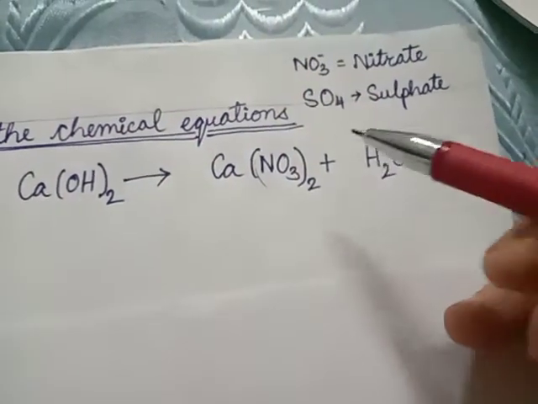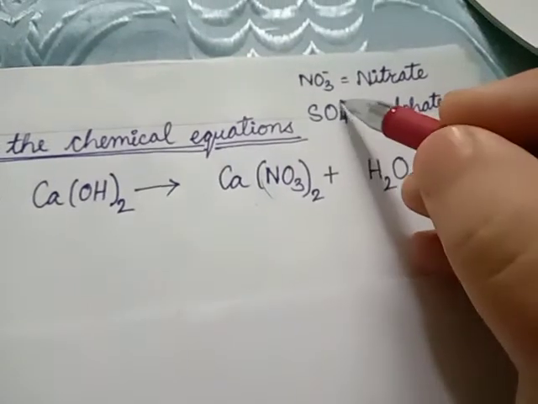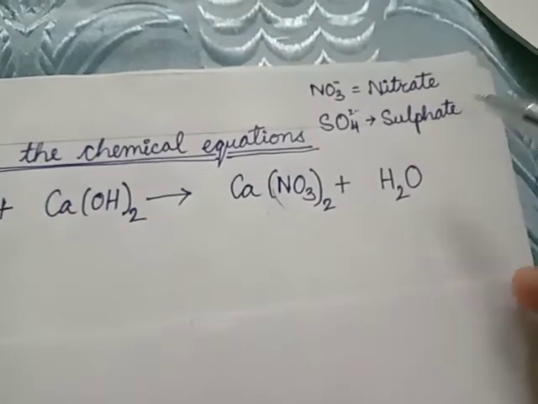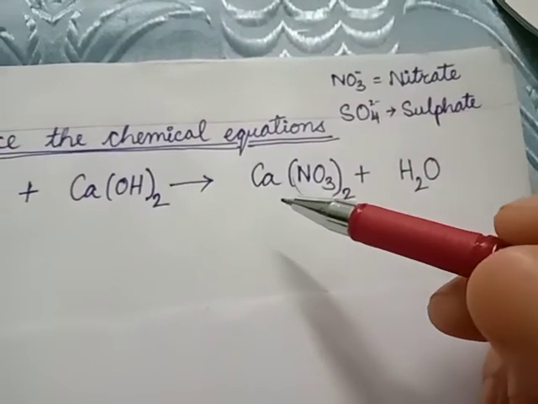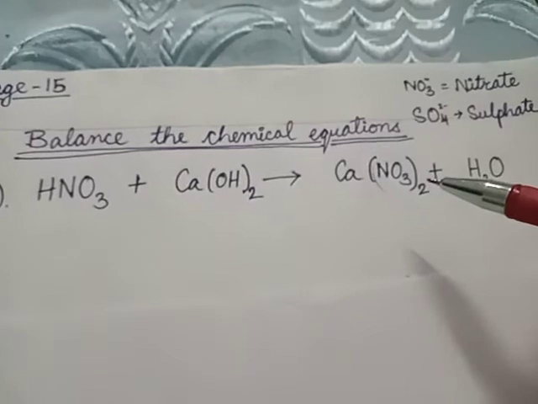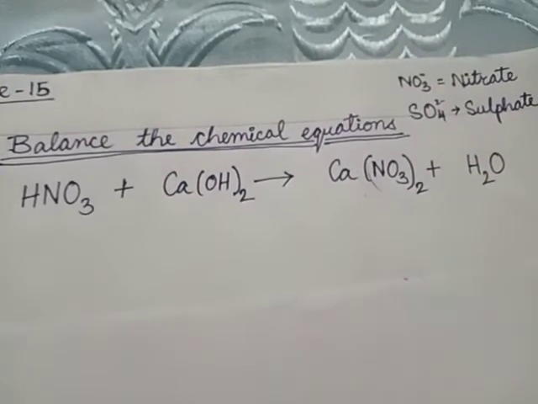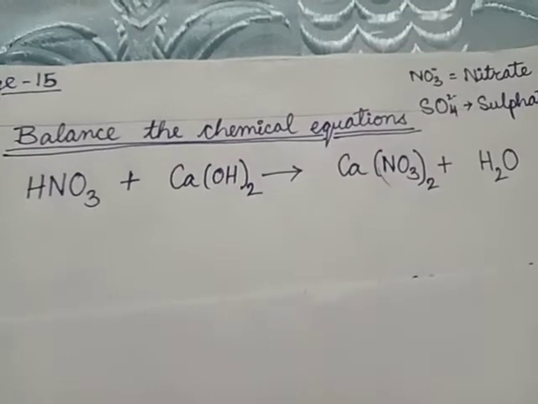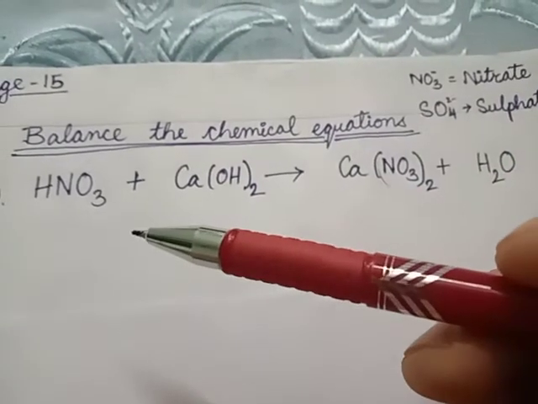Similarly, later we will get groups like sulfate, carbonate, hydroxide, etc. Now, when a compound radical is present in the equation, it is in one way very good, because we just need to look for a similar group on the other side of the equation.